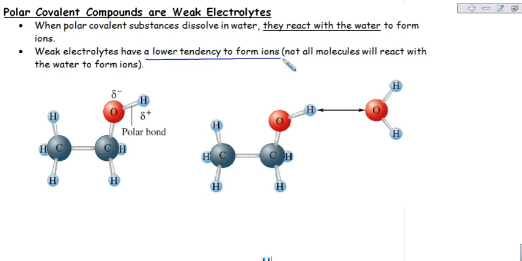Here's kind of an example. This compound is an alcohol, C2H5OH. At this end, this carbon with 3 hydrogen end, pretty nonpolar. The electronegativities between carbon and hydrogen are similar. So the region that I'm really concerned with is this OH group on the end of the alcohol.